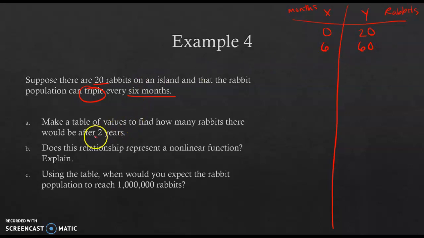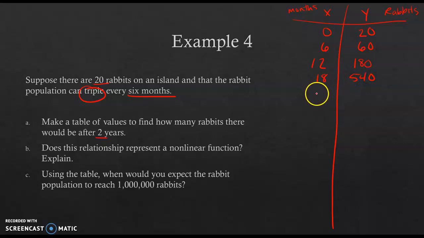And right now we're going for 2 years. So this is half a year. 12 months is a full year, and I'm going to triple the 60, which would be 180. And then another 6 months, and we're at 18 months. And then 180 times 3 is 540.